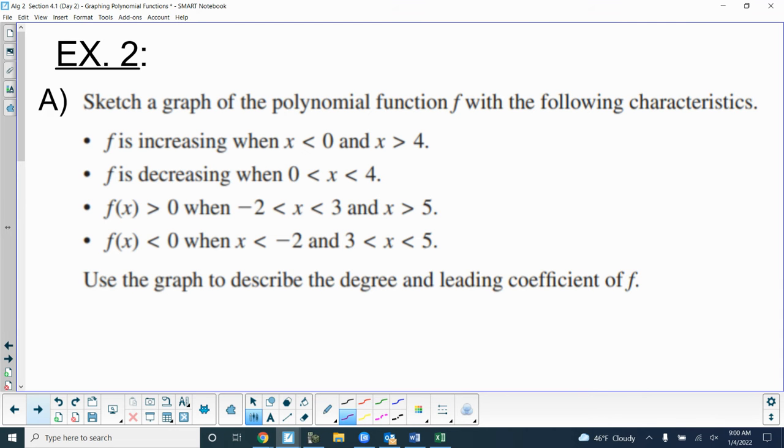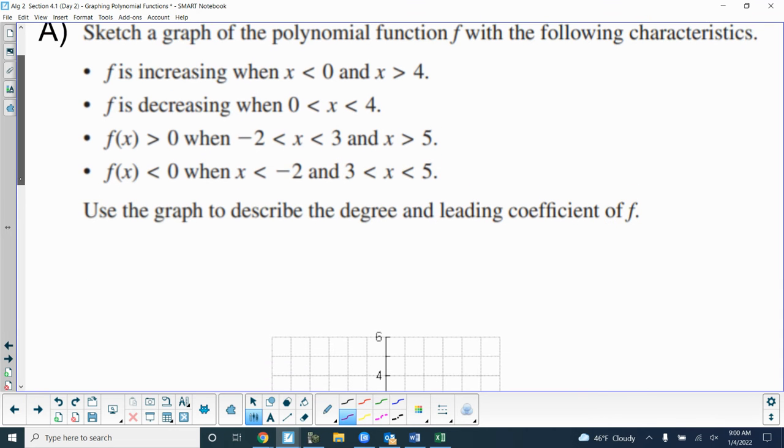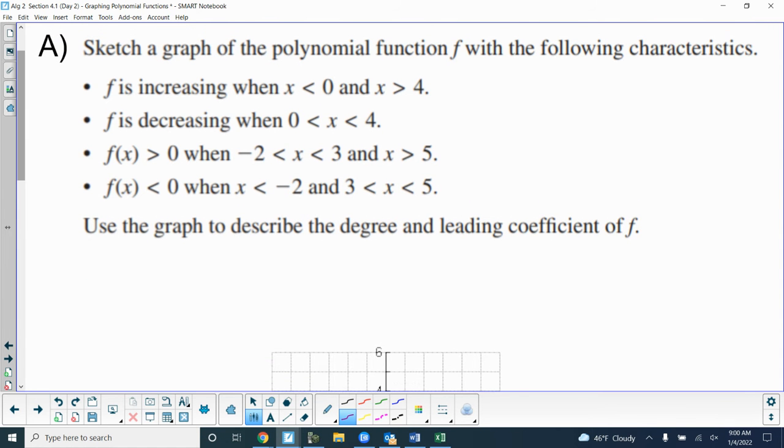Okay. Well, let's concentrate on these two first. When it says f of x is bigger than 0, what's it telling you? What do we call numbers that are bigger than 0? Positive numbers, right?